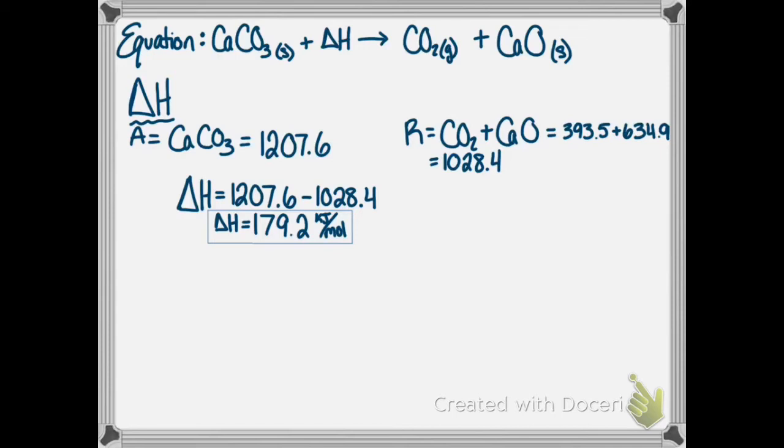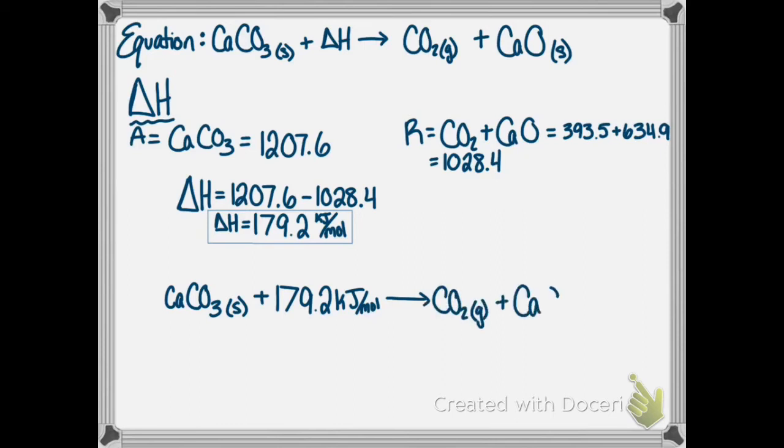Now, in our equation, we have to put this value back in where delta H was. So it should now be calcium carbonate as a solid plus 179.2 kilojoules per mole, and that's going to yield our CO2 and our calcium oxide.